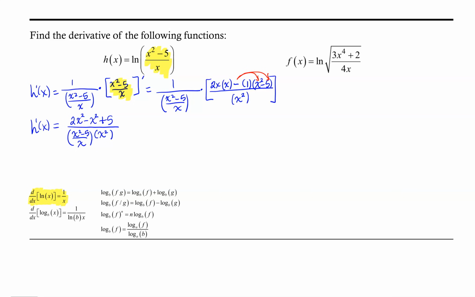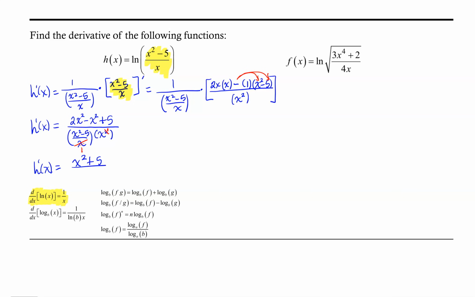I can simplify in my denominator. This x can divide out one of those x's in the x squared. So this would leave us with h prime of x being 2x squared minus x squared, which is simply x squared, plus 5.